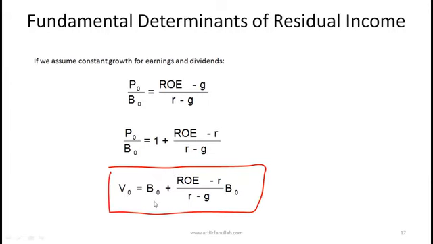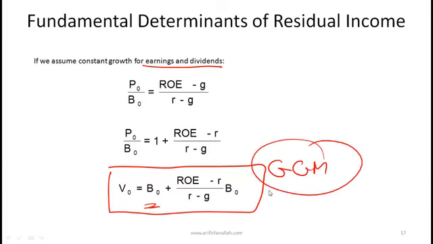The value of a firm, assuming constant growth for earnings and dividends, is the initial book value plus (ROE minus R) times B naught over (R minus G). So just stare at this hard enough and memorize it. Just think of this as the residual income equivalent of the Gordon growth model.